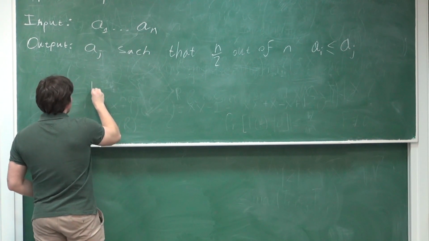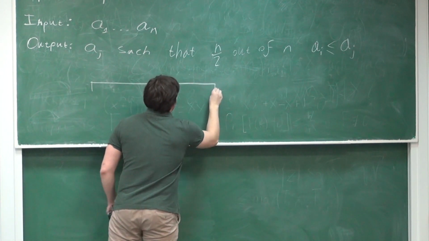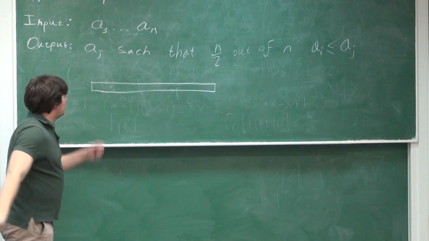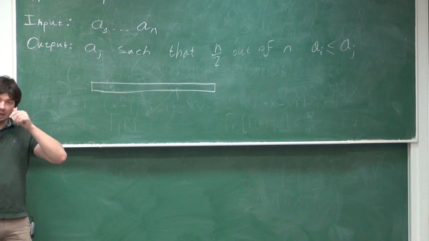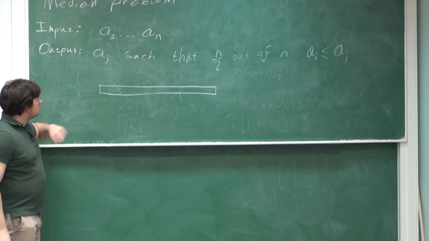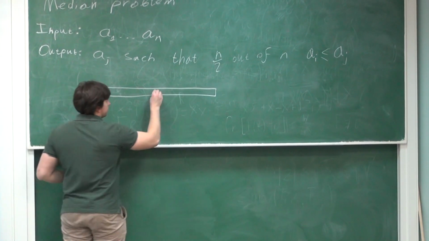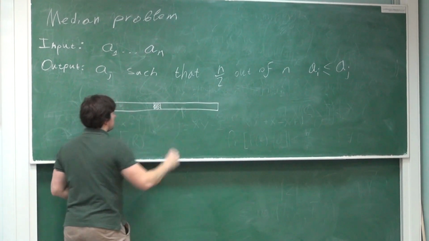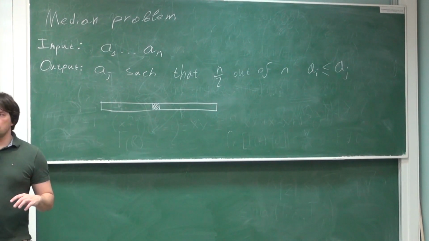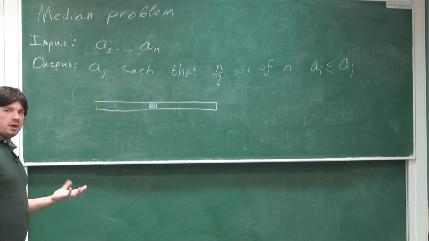So you have your array, and we want to find the median. How could we do that?